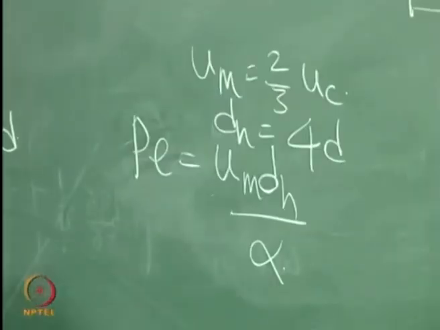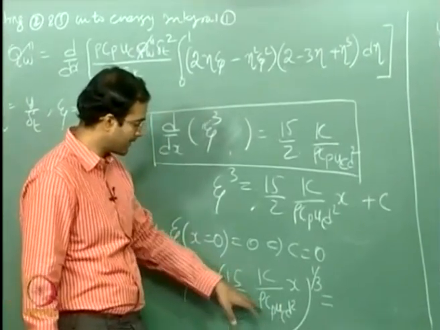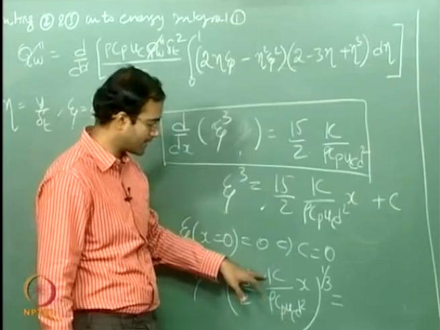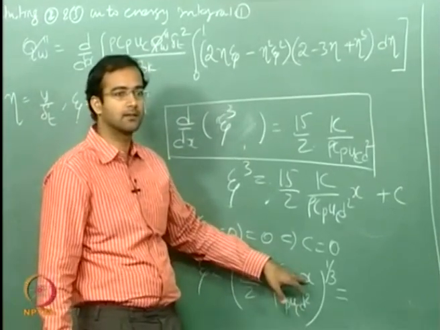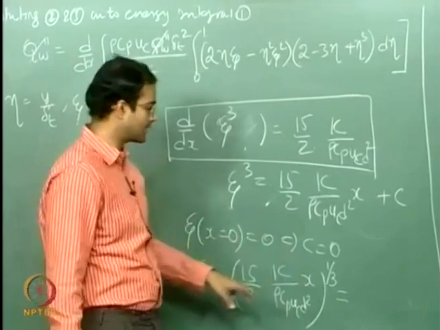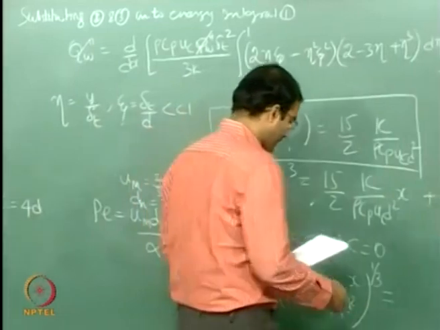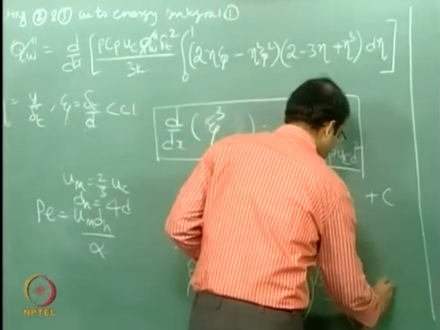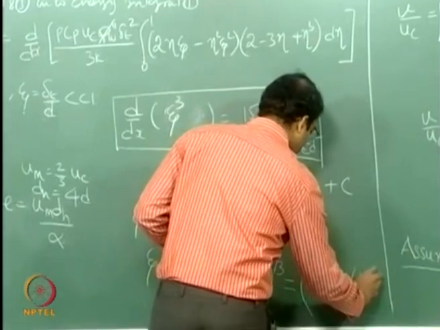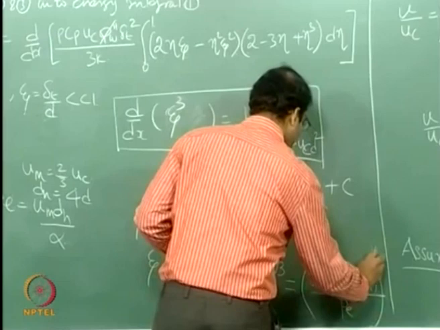So I have um into d by alpha, that is my Peclet number, and I have another d which I can write as x by d. Of course I have these multiplication factors which come out. So finally this will come out as 80, the multiplication factors, x by dh by Peclet number, the whole power 1/3.